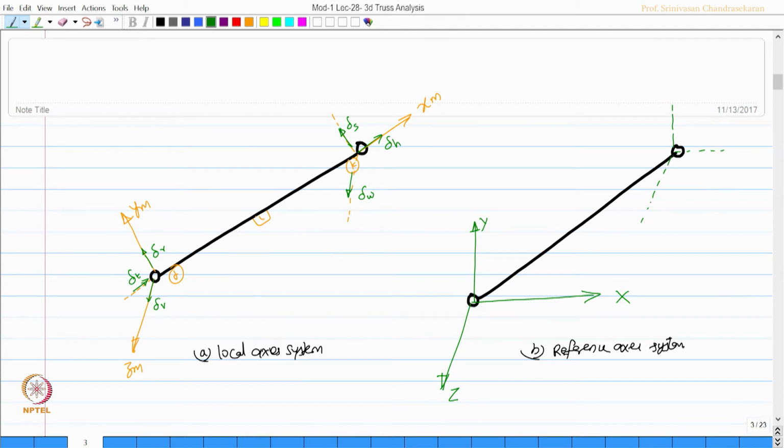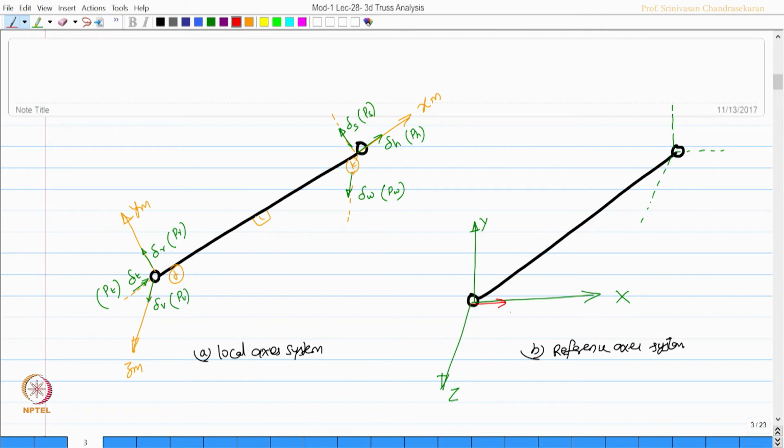Okay. So, let us also mark the corresponding forces for our understanding. Axial forces, I can call this P t, this P r, this P v, this P s, this P h, and this P w. Let us now correspondingly mark the global displacement degrees of freedom.